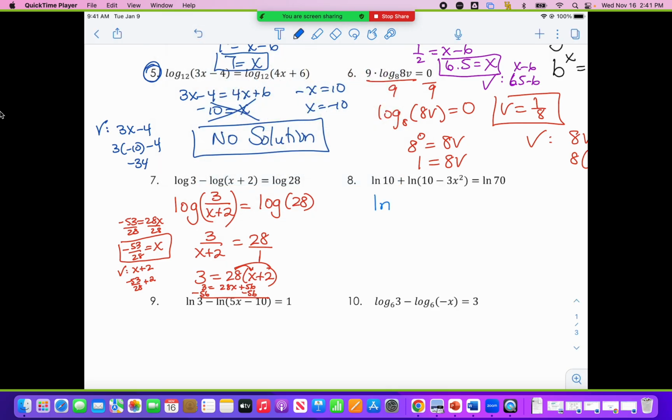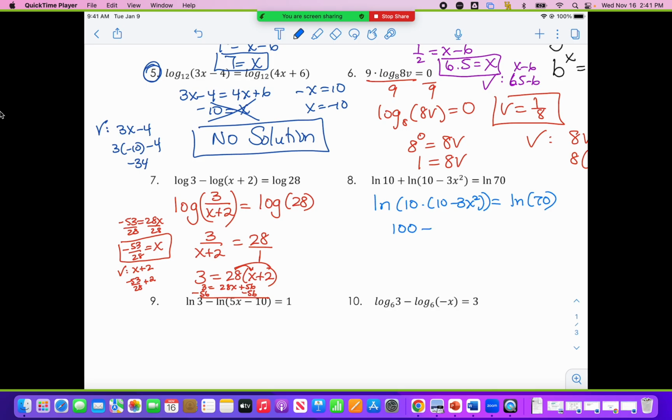So I have the sum, so a sum becomes the product. Okay, I have the natural log of 10 plus the natural log of 10 minus 3x squared. So I can change that to the natural log of the product. Now I have natural log equals natural log.